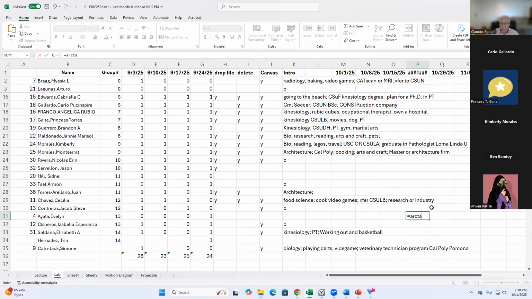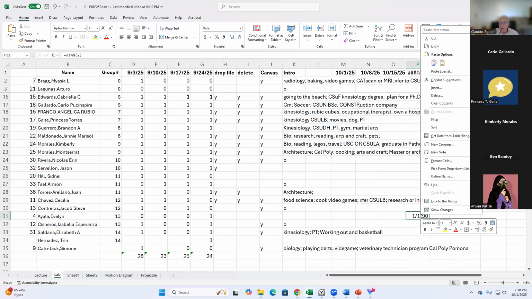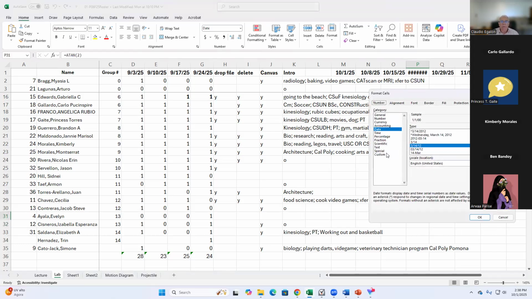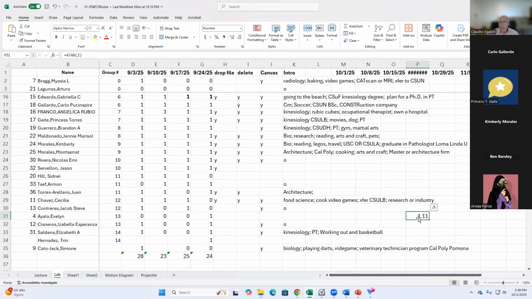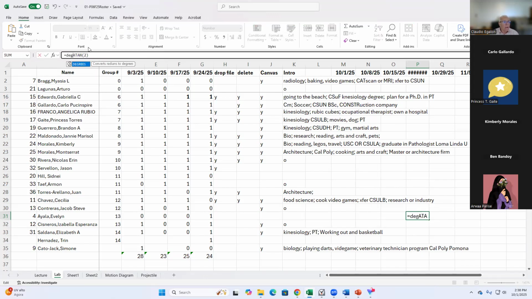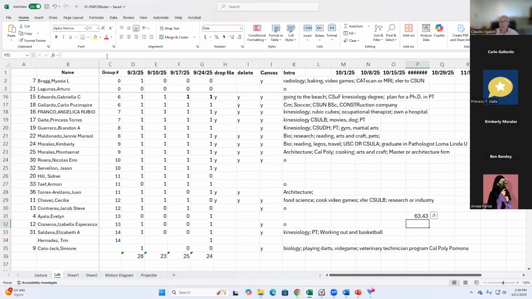But let's not forget, I have to put it in numeric format. That's 1.1 radians, right? I want it in degrees. 1.1 radians is 63.43 degrees.